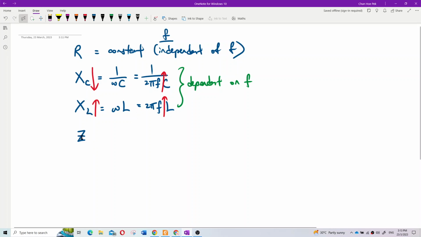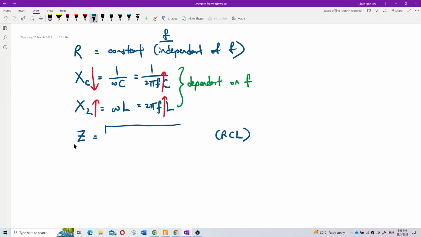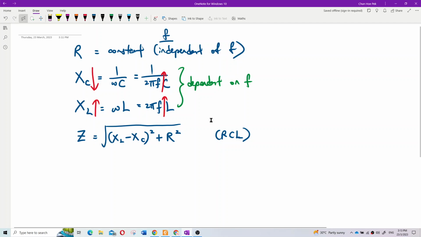And how about Z? We know the formula for Z in an RCL circuit: we need to use the Pythagoras theorem, so Z is the square root of XL minus XC squared plus R squared, isn't it? Is Z dependent on frequency? Of course, because XL and XC depend on frequency.